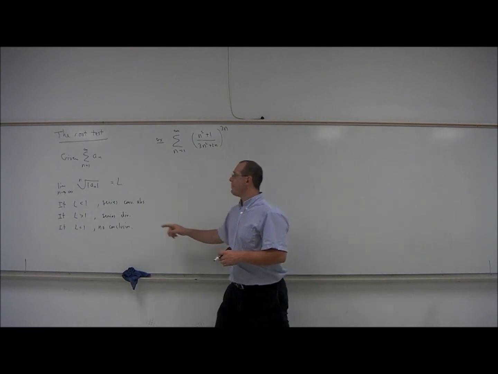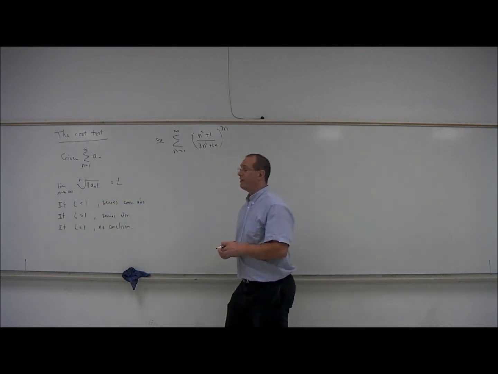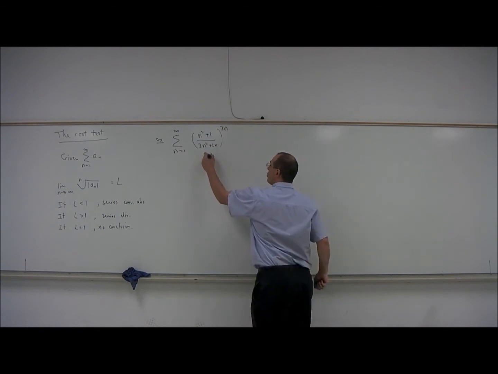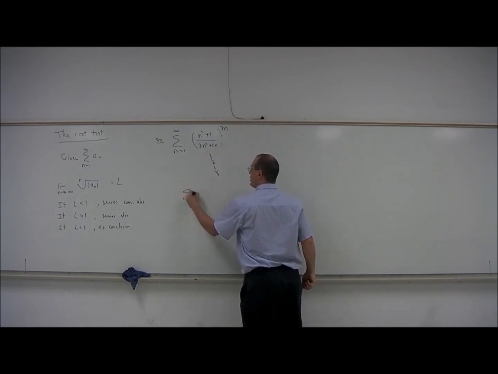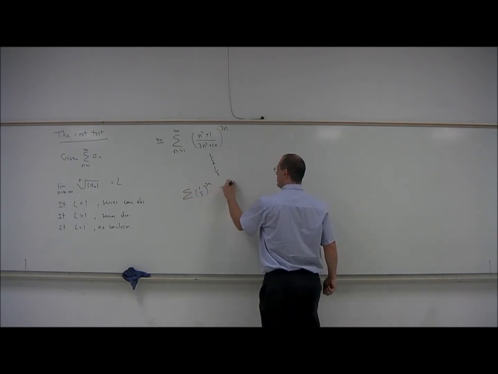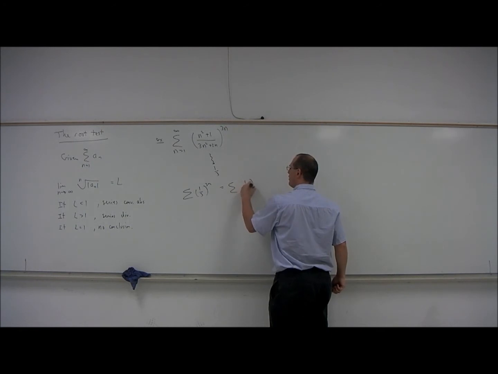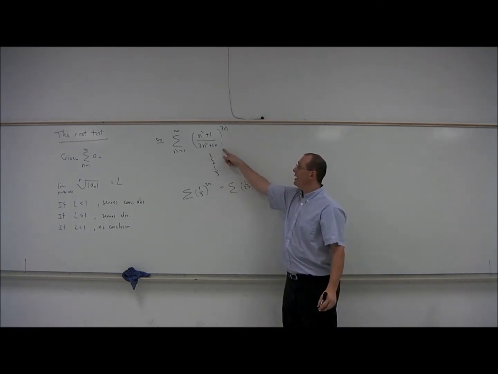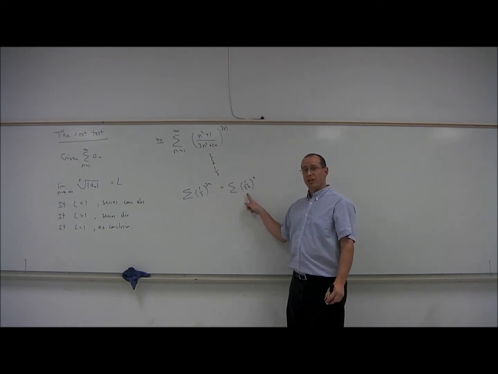But let's look at what's happening if n is large. If n is large, the fraction in the parentheses is headed towards 1/3. And if we look at the summation of (1/3) to the 3n, that is a geometric series. That's the summation of (1/27) to the n. So this is basically behaving like a geometric series with common ratio 1/27.